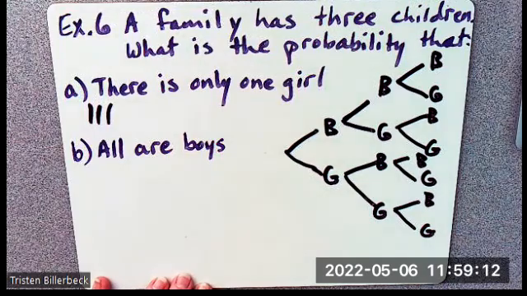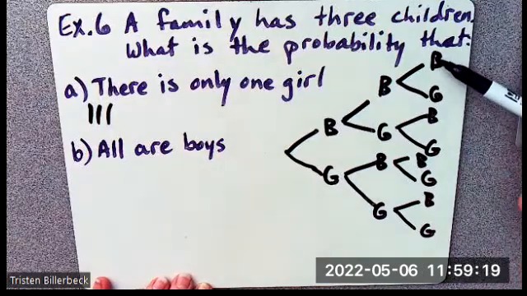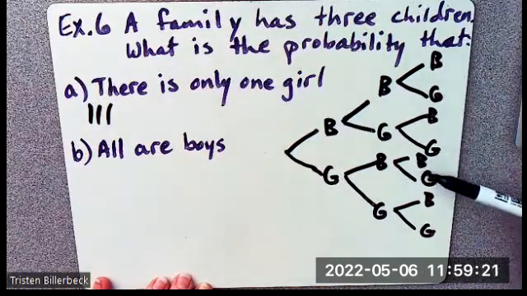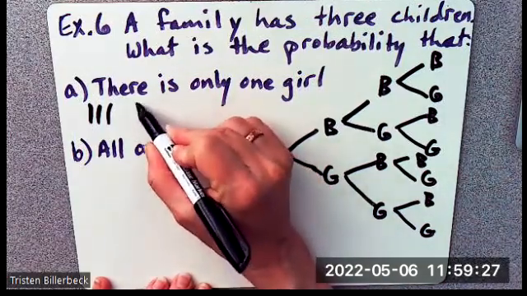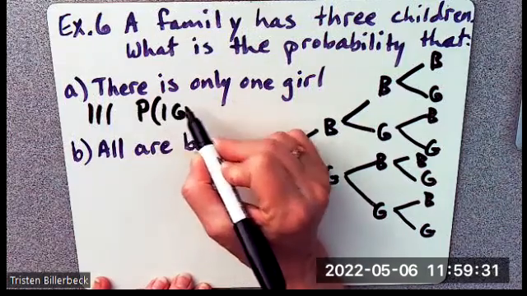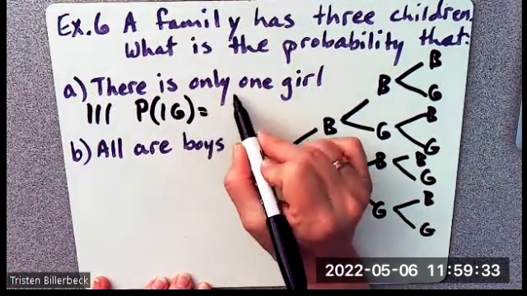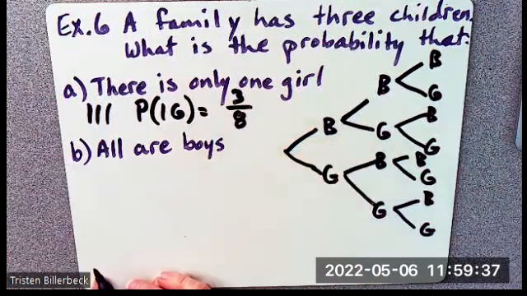Okay, so now we need to figure out, well, what's the total number of times here? So we have 1, 2, 3, 4, 5, 6, 7, 8. So we have 8 possibilities. So the probability of one girl is 3 out of 8 possibilities.